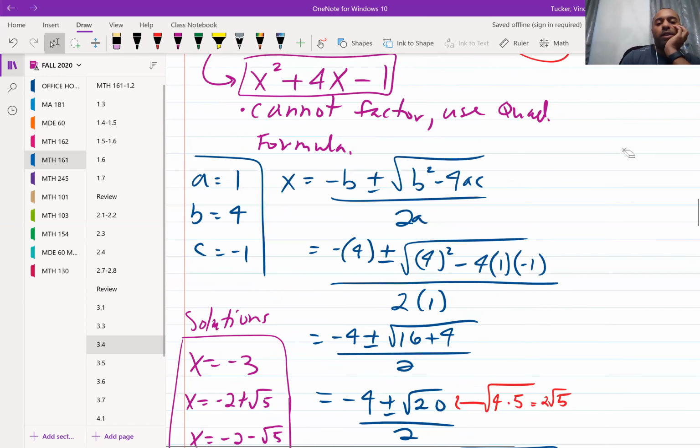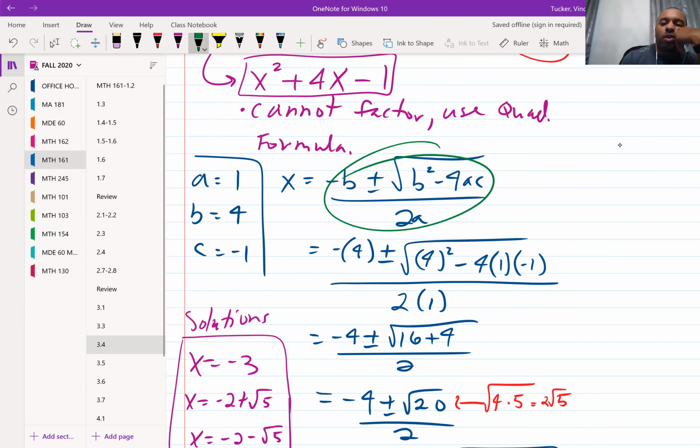If I went up too far, please let me know if you're still trying to copy. So A is 1, B is 4, C is -1. Plug them into the quadratic formula accordingly. That'll be -4 plus or minus the square root of 4 squared minus 4 times -1, over 2 times 1. That simplifies to 16 plus 4 under the radical, which is 20.